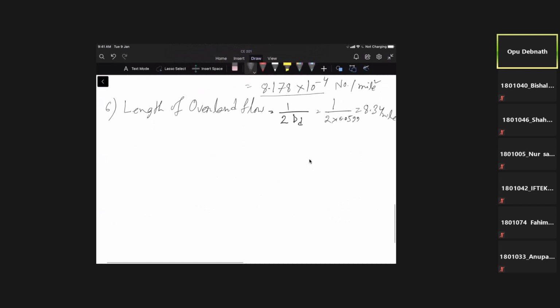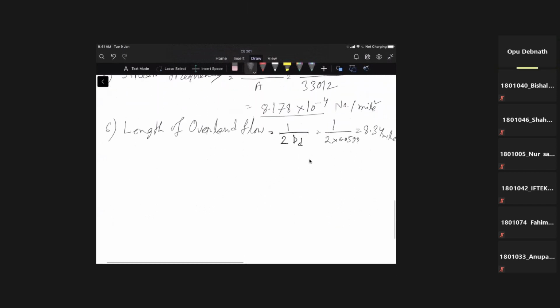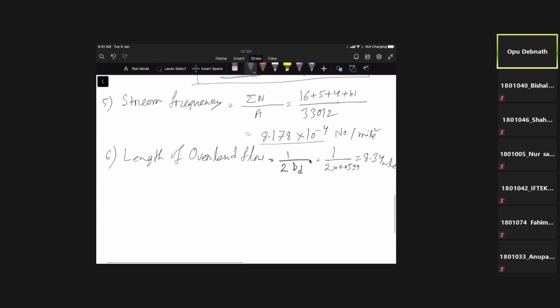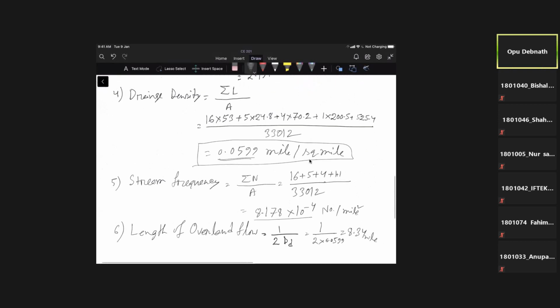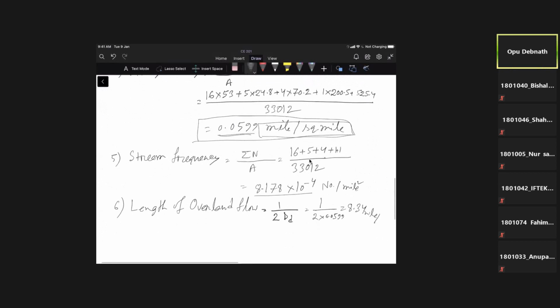Thereafter, what does the length of overland flow denote? If you take the inverse, the unit will be reversed, like square mile per mile.